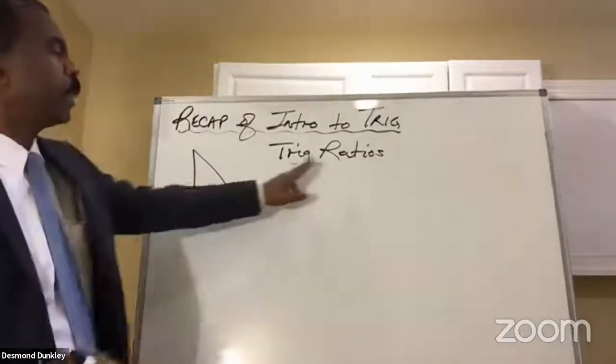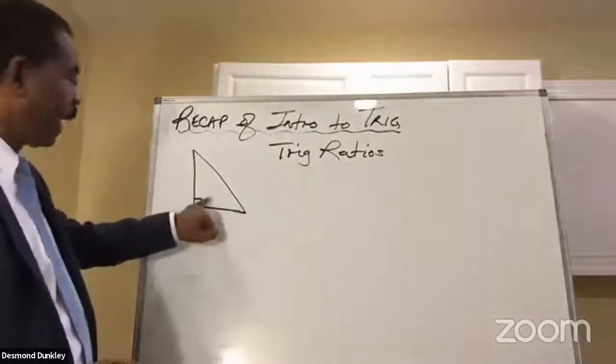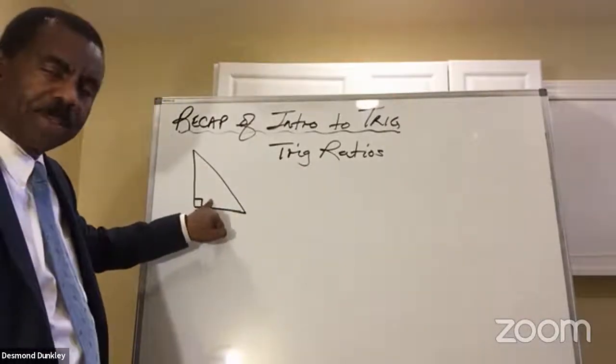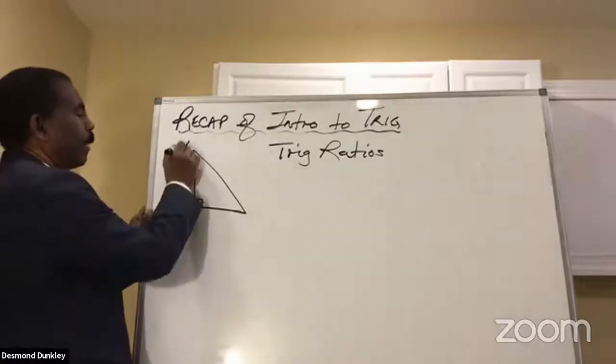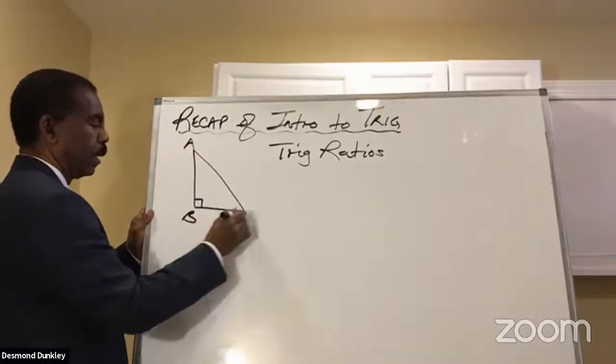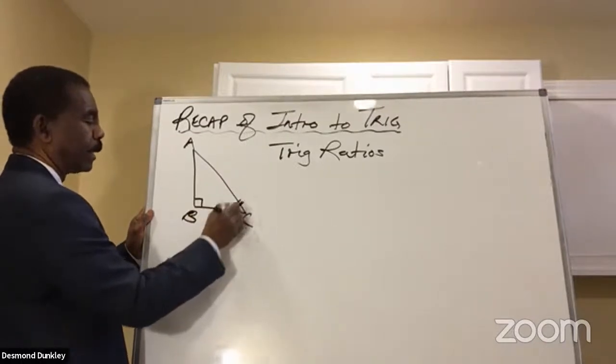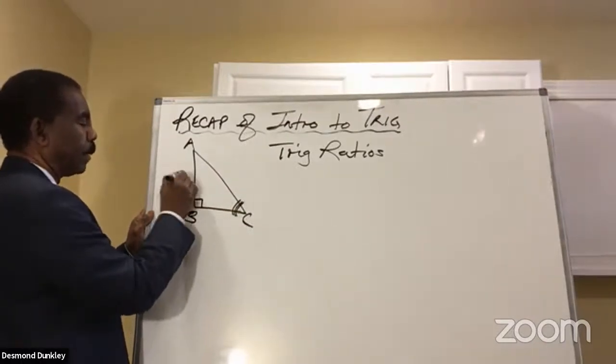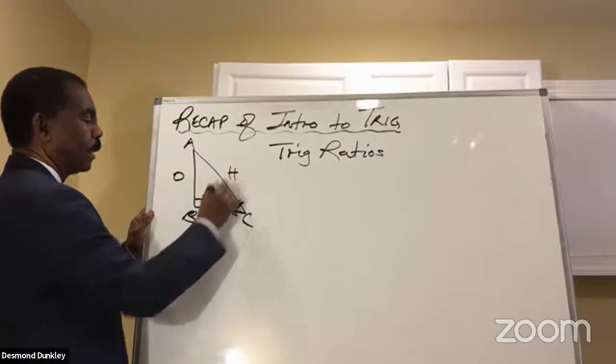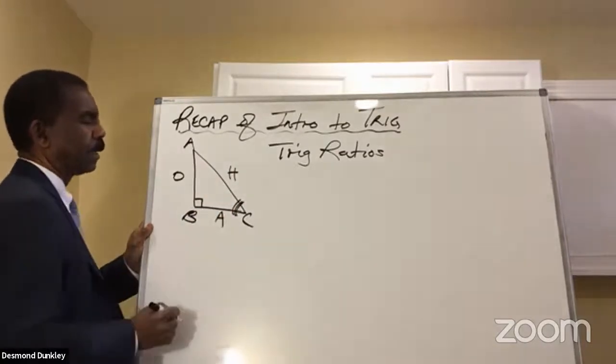In order for you to do the trig ratios, we have to have a right triangle. Okay? So if we have A, B, C, and we're looking at angle C, then this is opposite, this is hypotenuse, and this is adjacent.